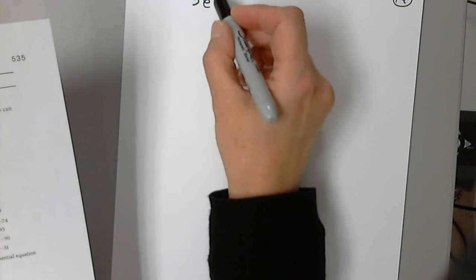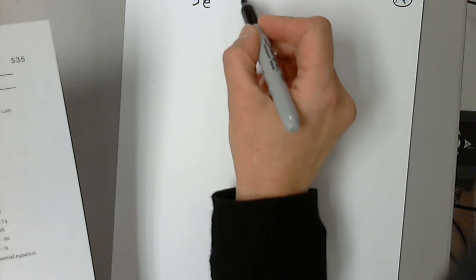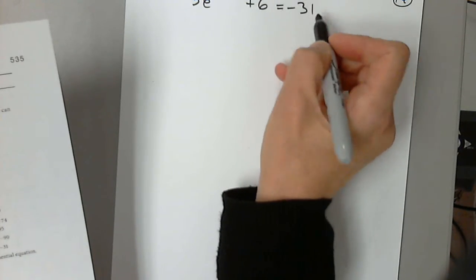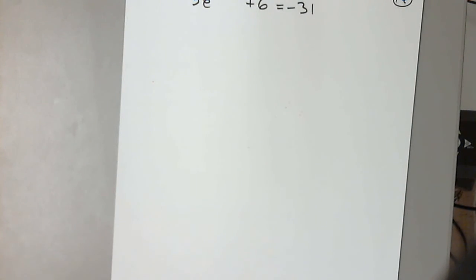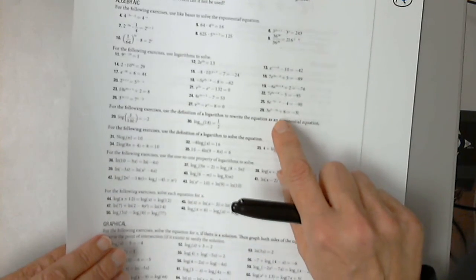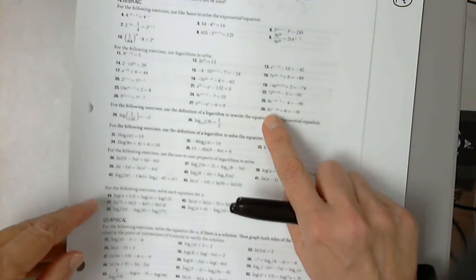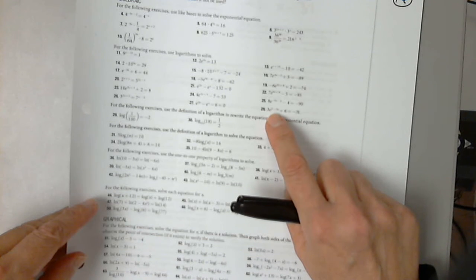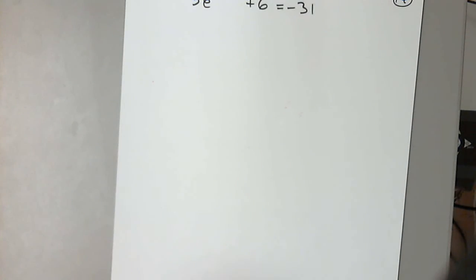I know you chose 28. Okay, so 3e to the 3 minus 3x plus 6 equals negative 31. Was it 32 you said? So we said 28? Yes. Okay, so 3e to the 3 minus 3x plus 6 equals negative 31. Perfect. First step, please.